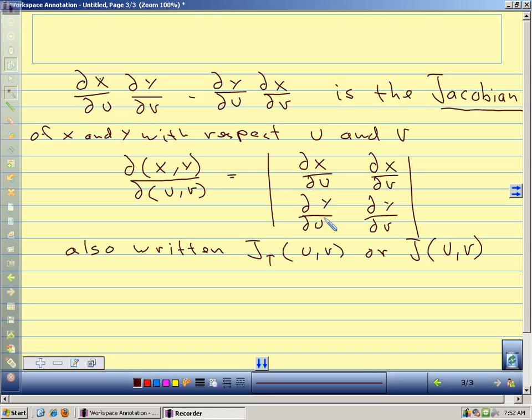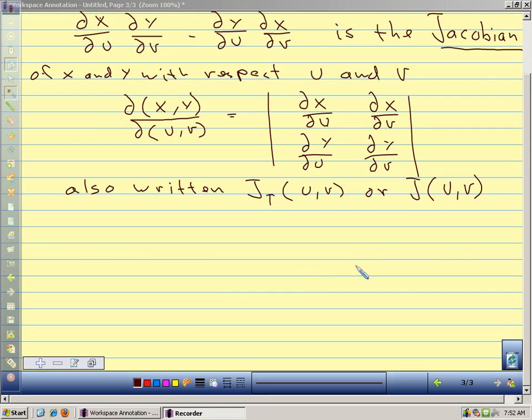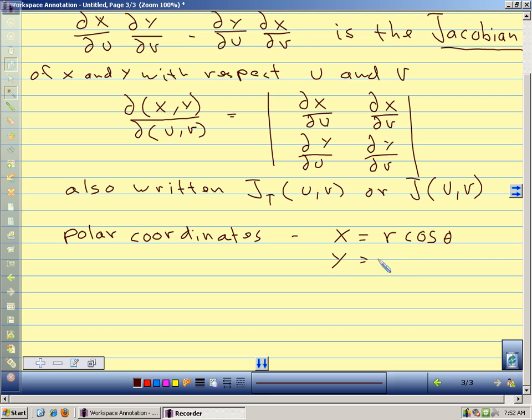In polar coordinates, our transformation, our change of variables, we say that x equals r cosine theta, and y equals r sine theta. So that's our transformation.